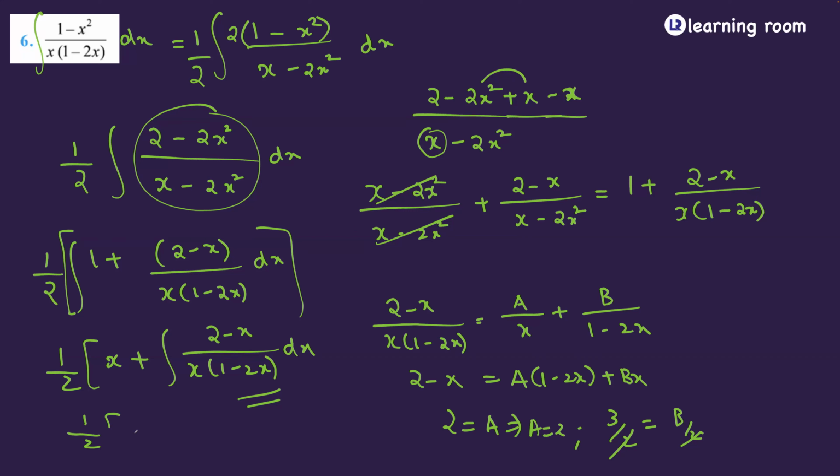Half into x plus a by x, where a is 2, so I'll have 2 log of mod x plus 3 log of mod of 1 minus 2x. And this is where you need to be careful. Here the coefficient of x is minus 2. So divide it with minus 2. Let's see. So this will be the final answer.